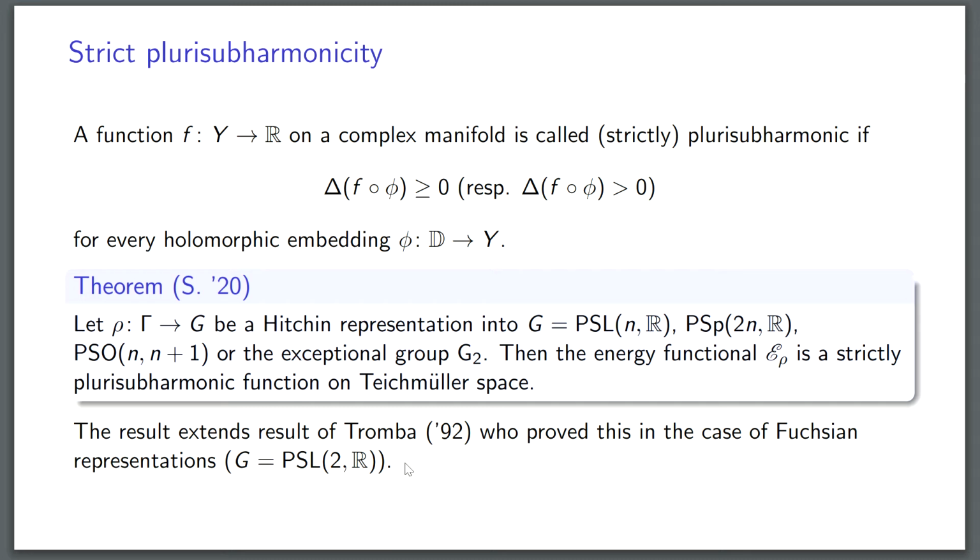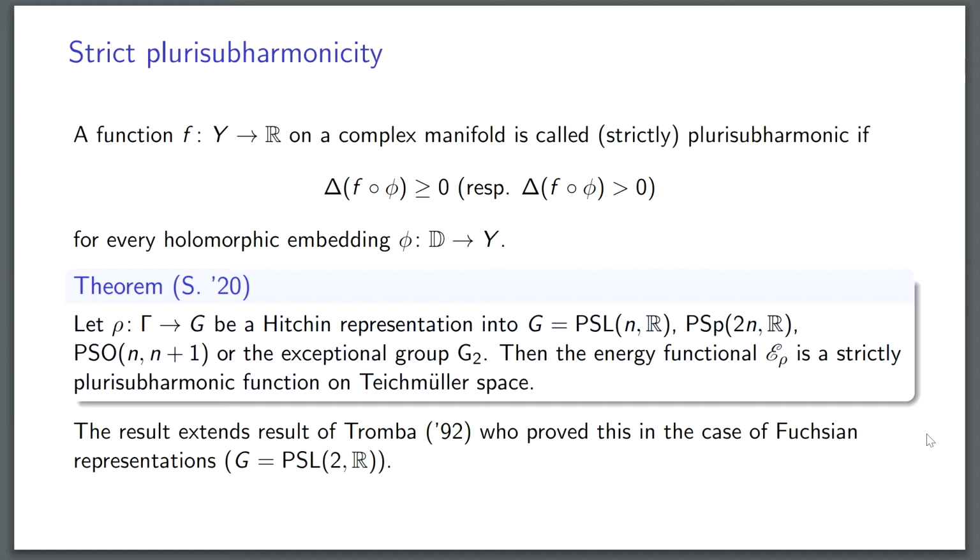So if we consider Tromba's result as a statement on these Fuchsian representations, then we see that the above result does generalize this directly, because Hitchin representations generalize Fuchsian representations.